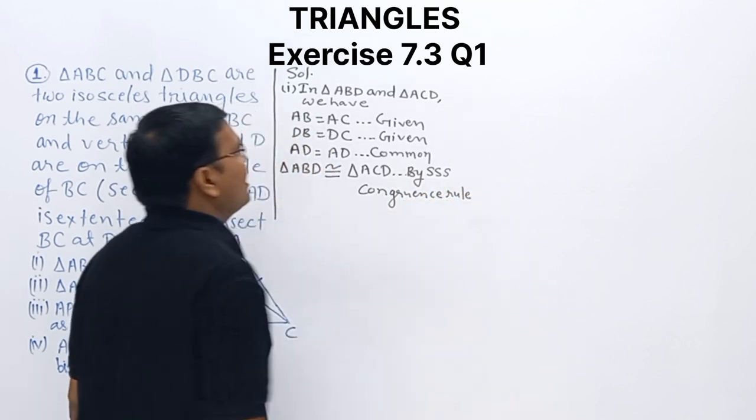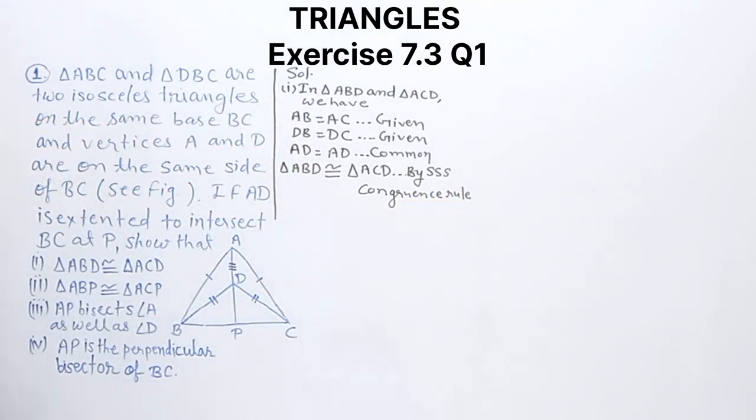By side congruence rule, we can say these two triangles are congruent.